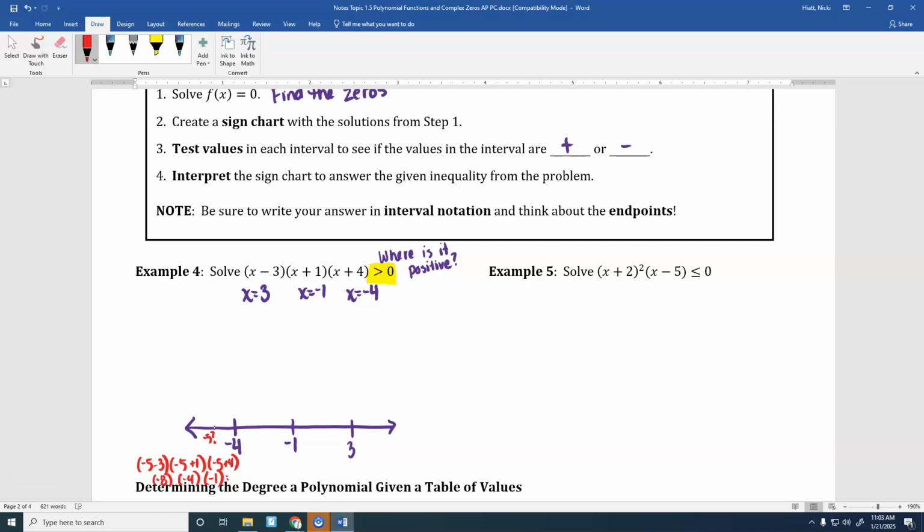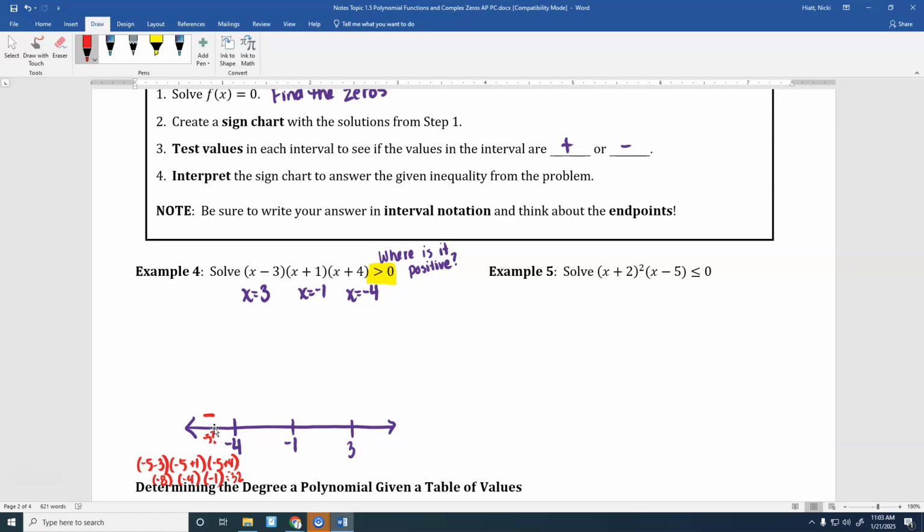And that would give me positive 32. No, negative 32, right? Because negative times negative would give me 8 negative. So that's telling me whatever falls in this section is going to be negative, right?